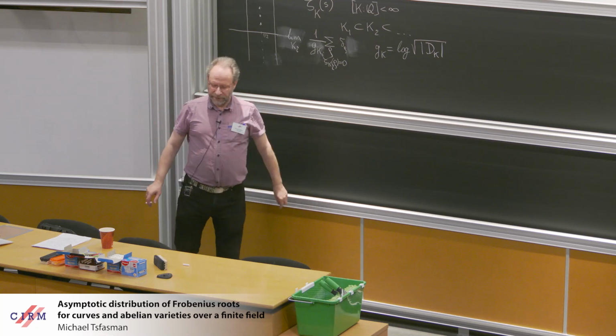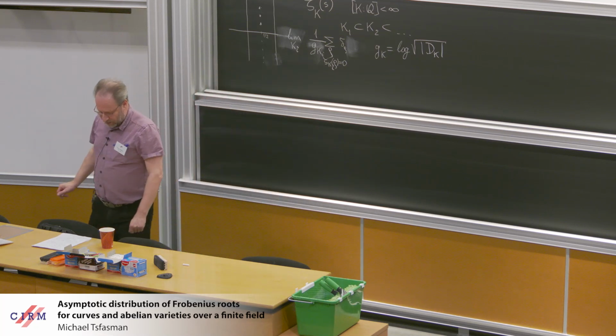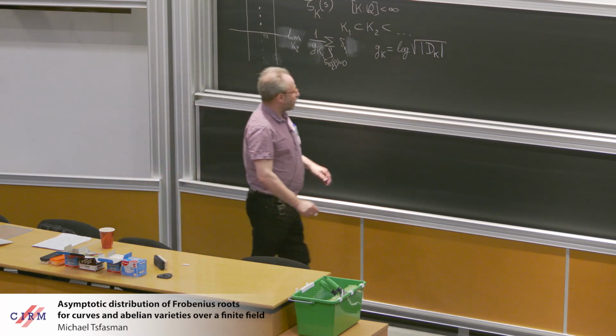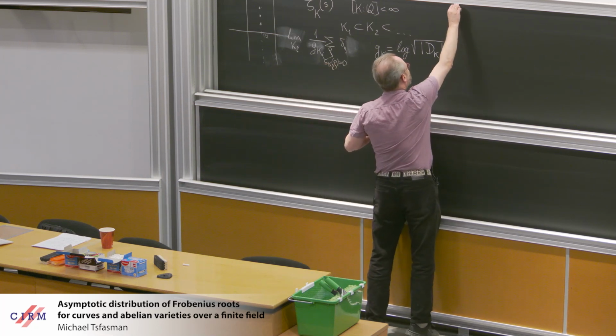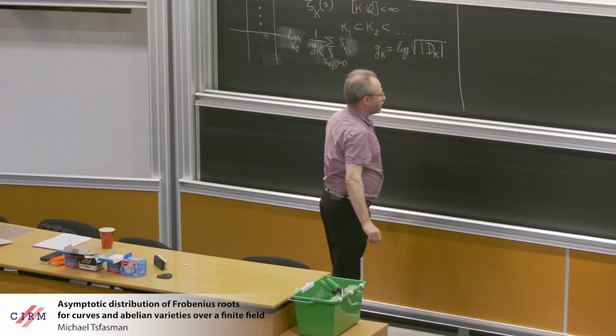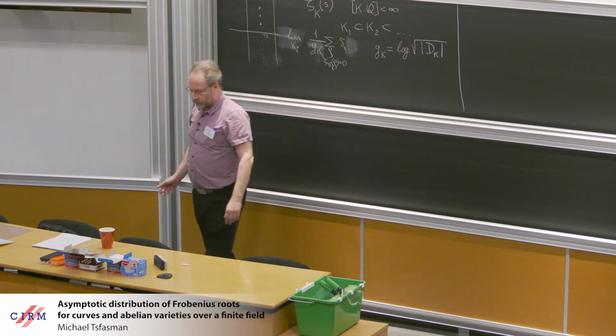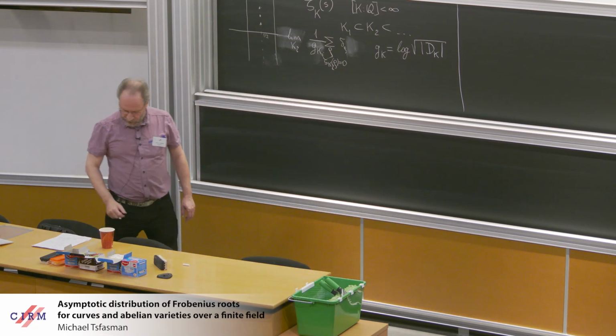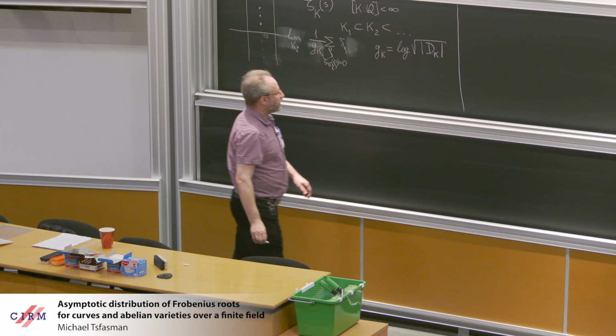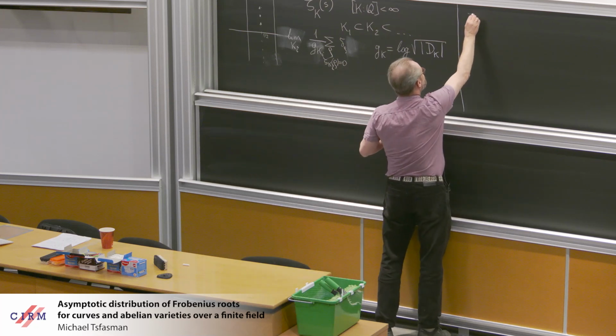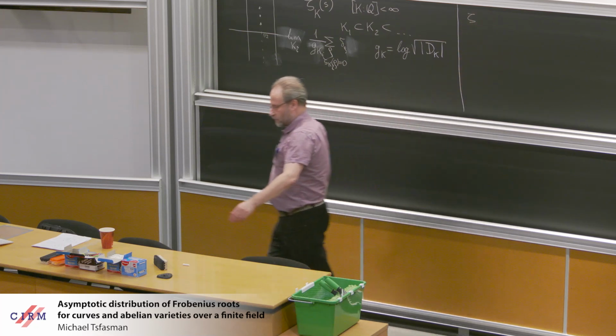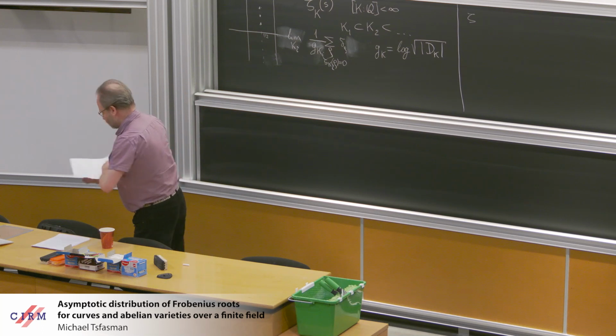And so that's something about arithmetic. And now, of course, we have the counterpart of it for function fields. So in the function field case, we have zeta, well, let me write it as it is written here.